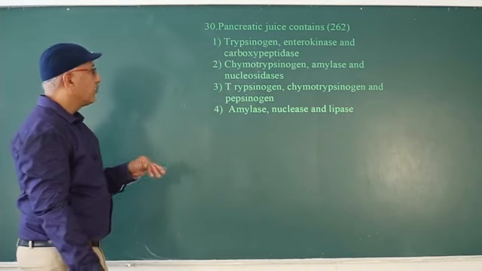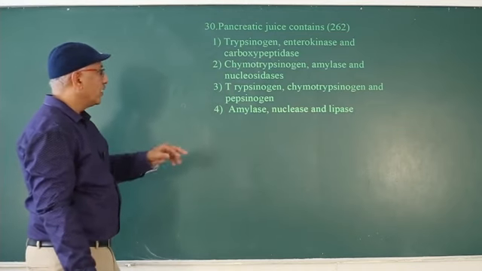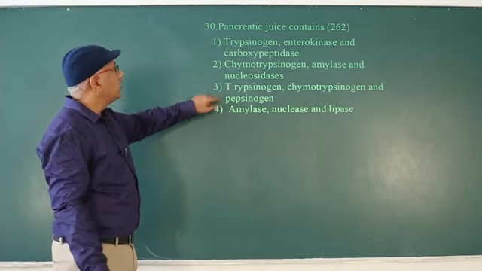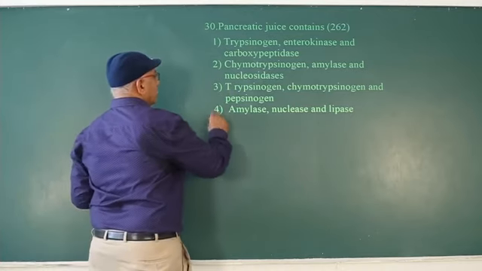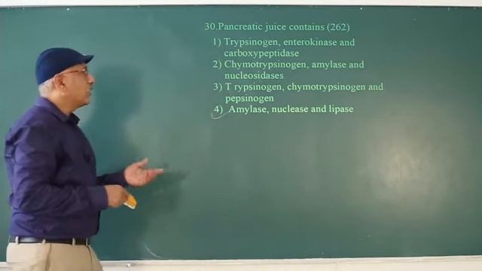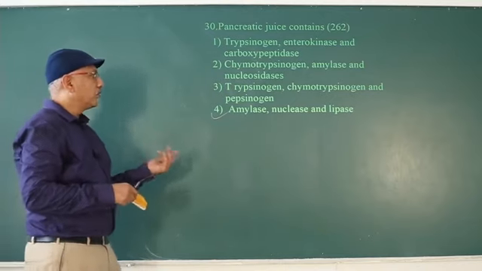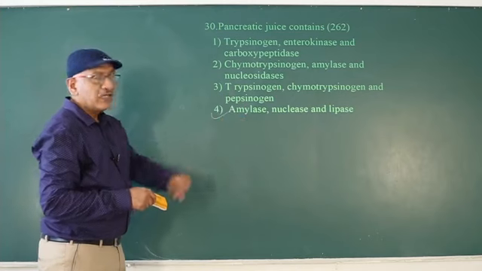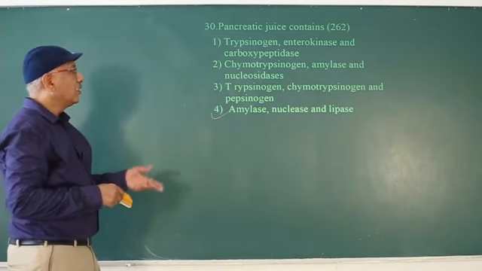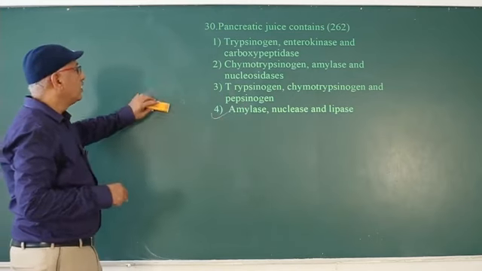Third, trypsinogen, chymotrypsinogen correct only. Pepsinogen given, pepsinogen is present in gastric juice. That's why the third option is wrong. So the fourth one, amylase, pancreatic amylase, nuclease and lipase. DNase and RNase enzymes are nucleases. So the answer is fourth.